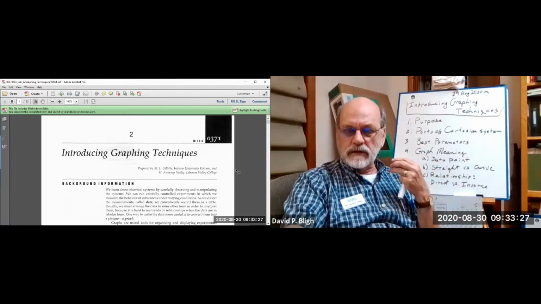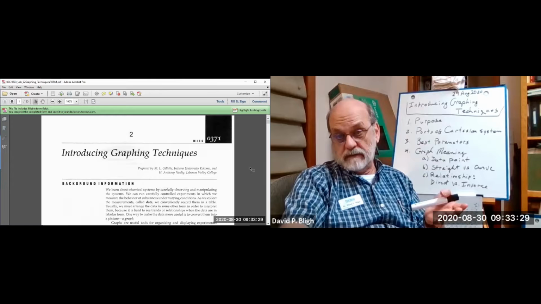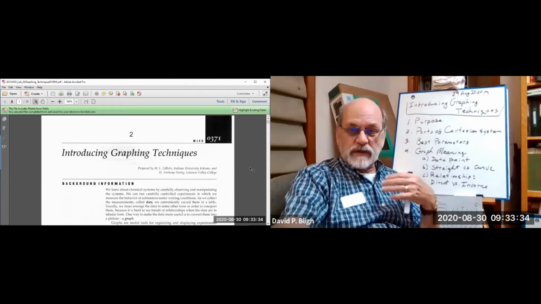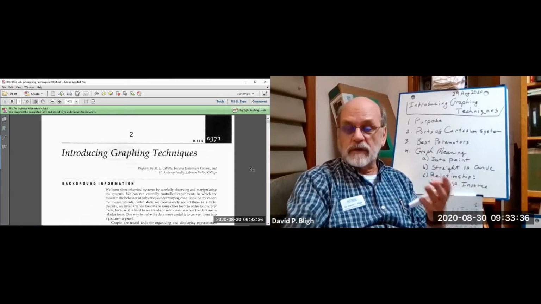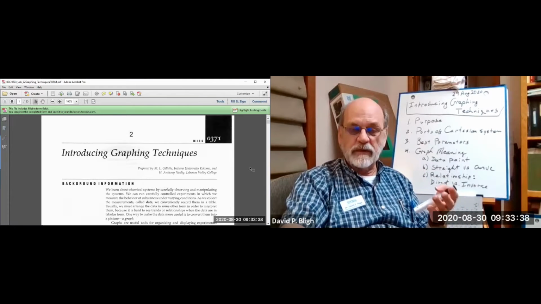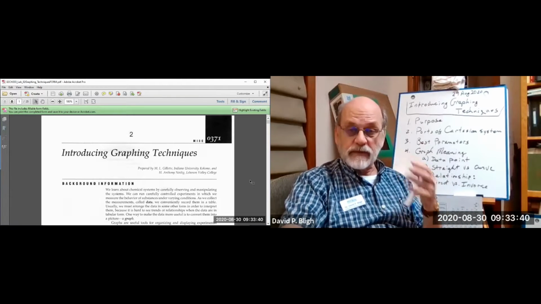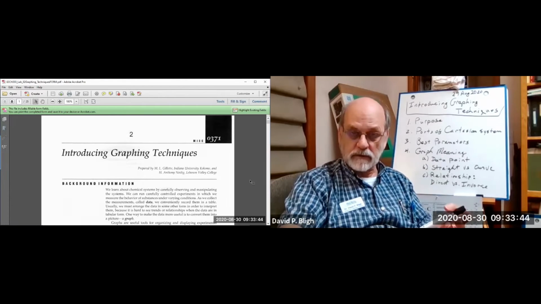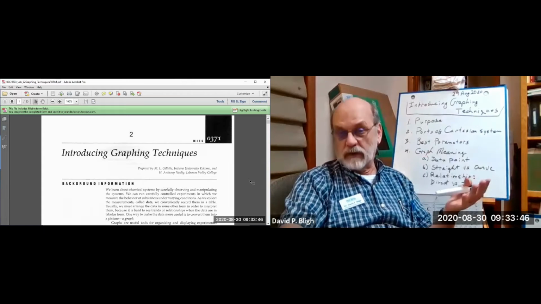Why do you need to even graph your data? If you have numbers, data points, values that you've determined in an experiment, sometimes you can present that data to your reader in your report as a table.